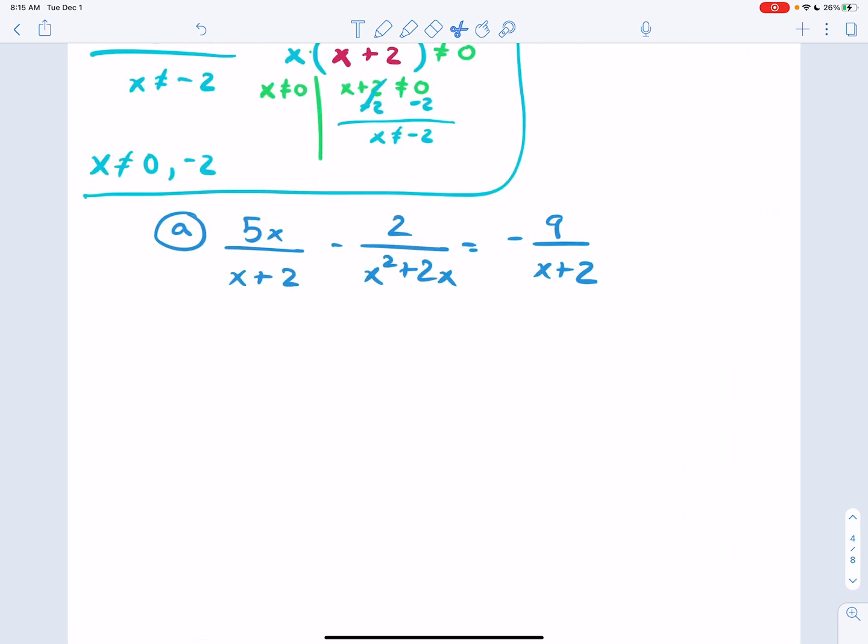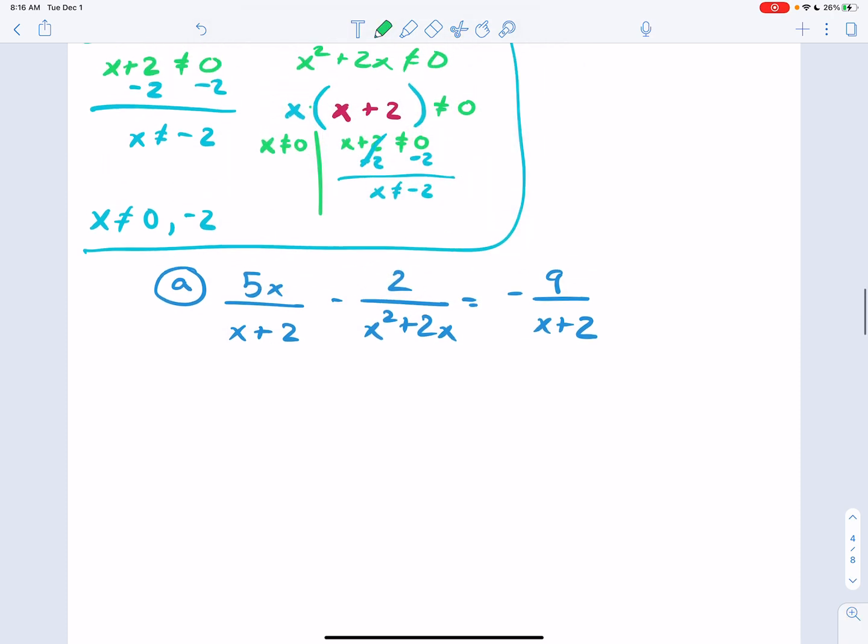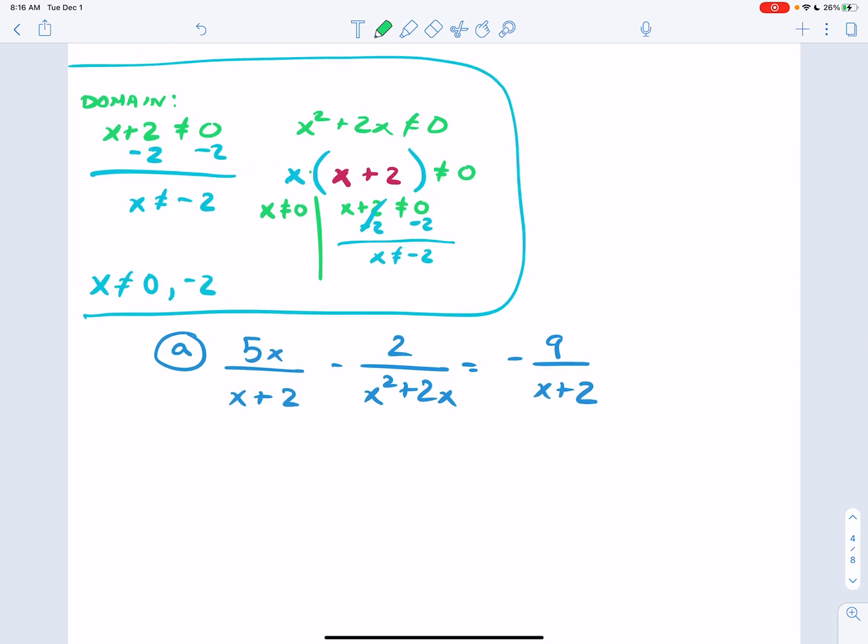Okay, here we go. So now to the actual solving. Okay, so remember what you want to do before you get rid of your fractions. Remember that x squared plus 2x was really x times x plus 2. Okay, so this right here, I'm actually going to replace it into its factored form.